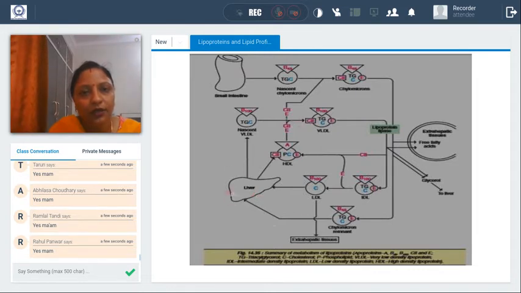So in this slide, you can see the whole metabolism of lipoproteins, including chylomicron, VLDL, SDL, and LDL.